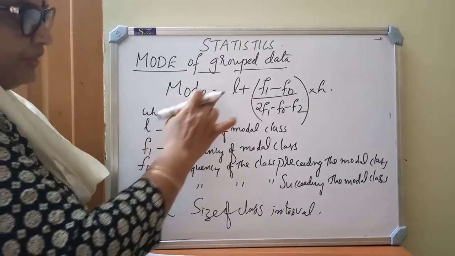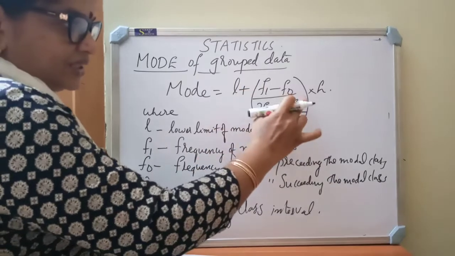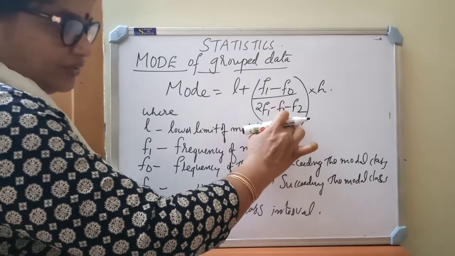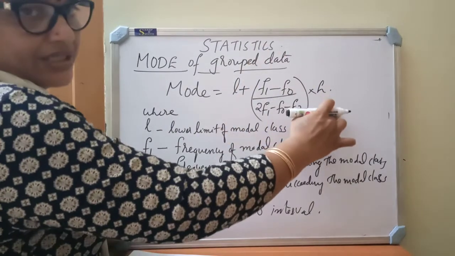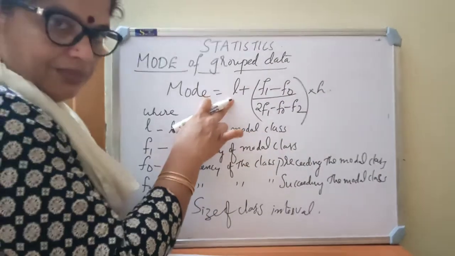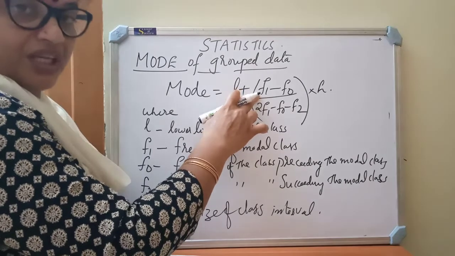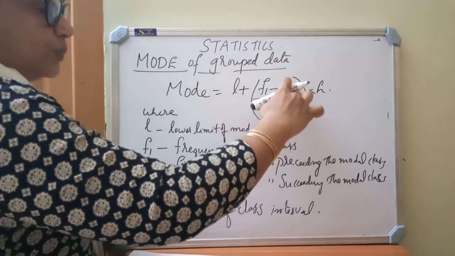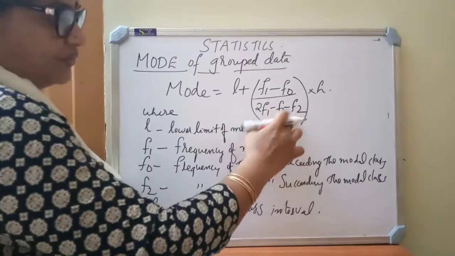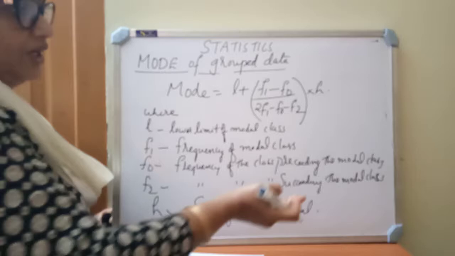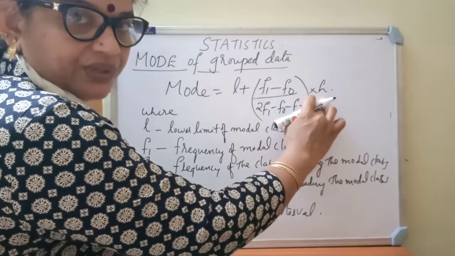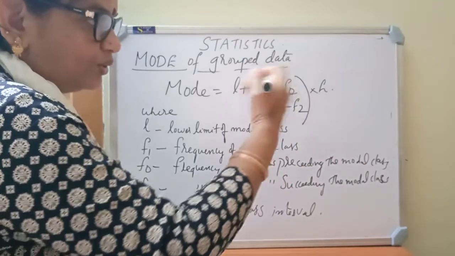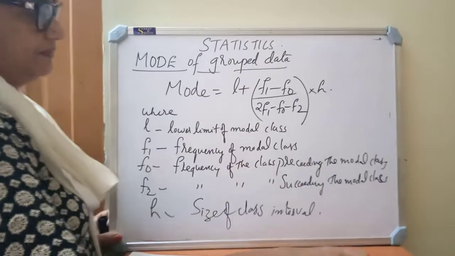Mode equal to L plus F1 minus F0 whole divided by 2F1 minus F0 minus F2, the whole into H, where L is the lower limit of the modal class, F1 is the frequency of the modal class, F0 is the frequency of the class preceding the modal class, F2 is the frequency of the class succeeding the modal class, and H is the class width or class size. Understood the formula clearly? Let us see how to do the sums.